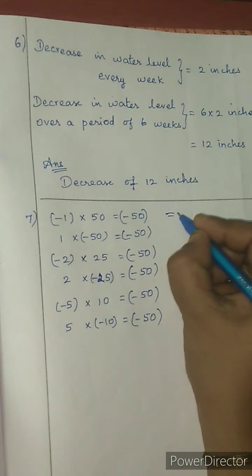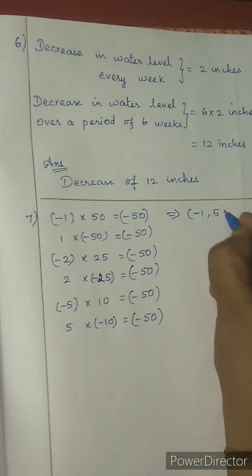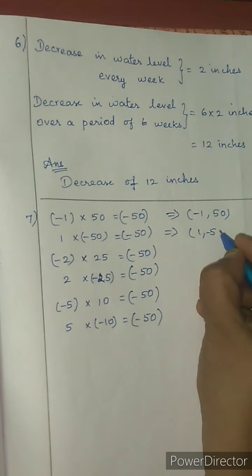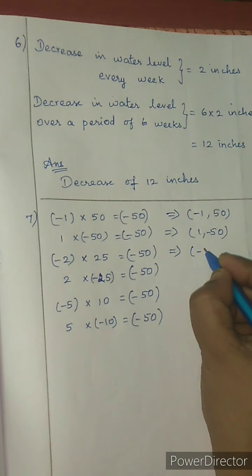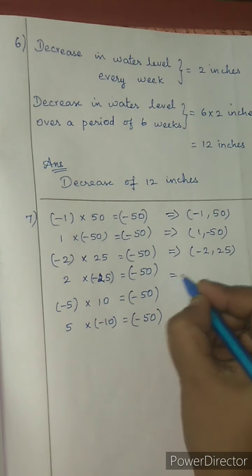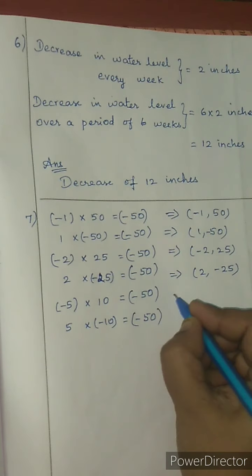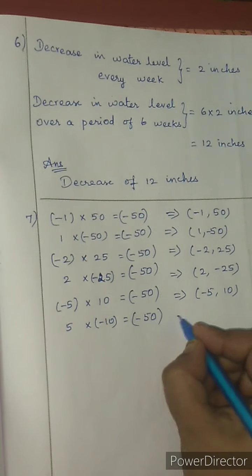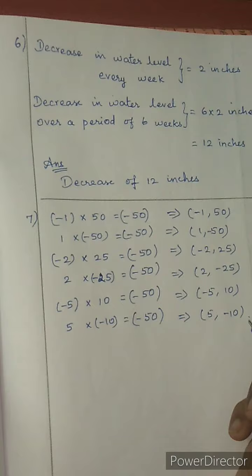Now write the pairs of integers which give the product minus 50. Minus 1 comma 50, 1 comma minus 50, minus 2 comma 25, 2 comma minus 25, minus 5 comma 10, 5 comma minus 10.